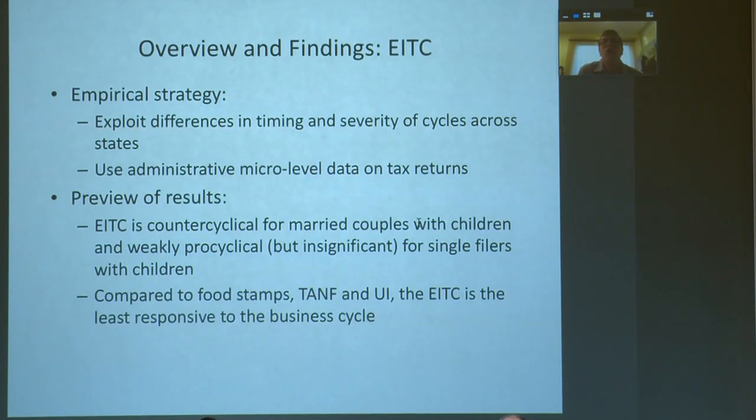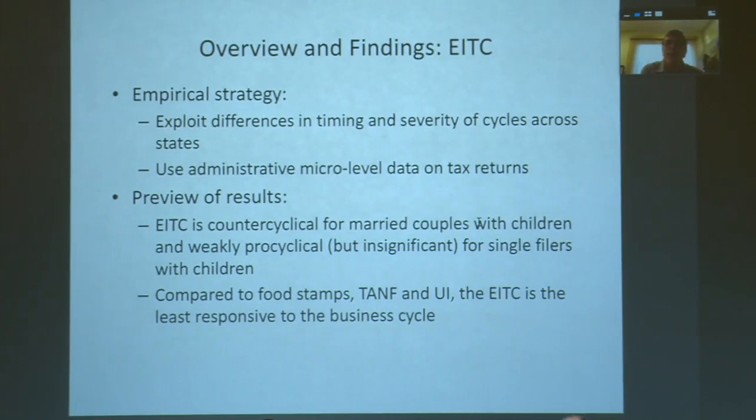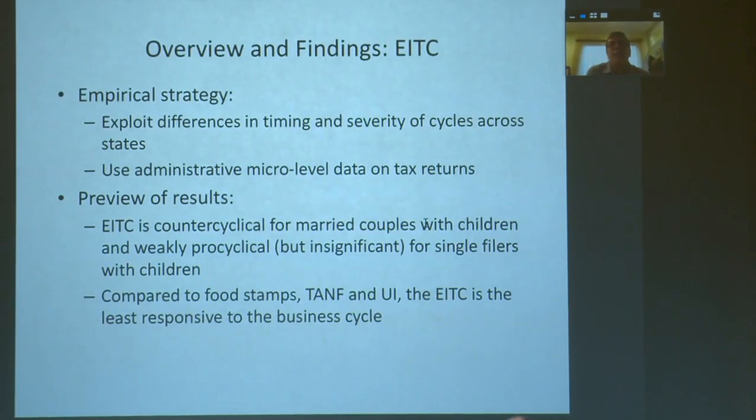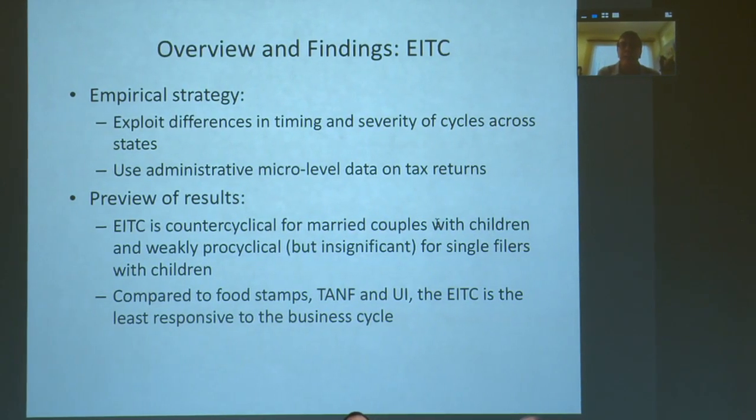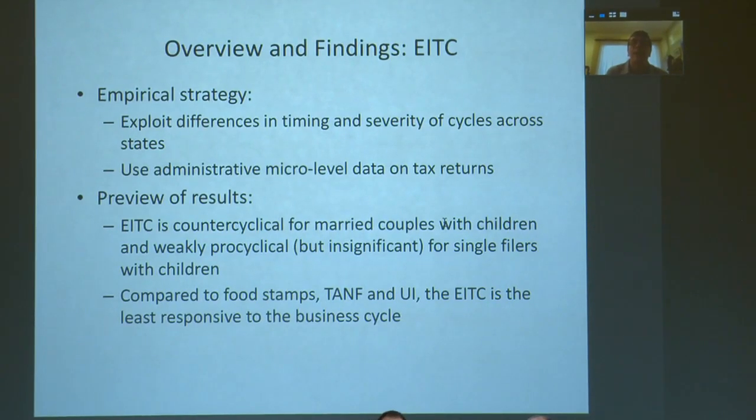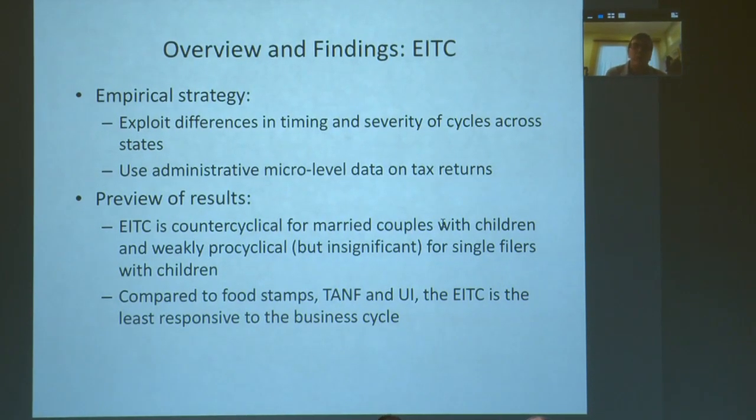So to start off with what we find for the earned income tax credit, we're going to take a period where the EITC was relatively fixed and exploit differences in the timing and severity of cycles across states as measured by either the unemployment rate or the employment to population ratio. And in thinking about the EITC, even more so than other safety net programs, it's not well measured in most surveys.